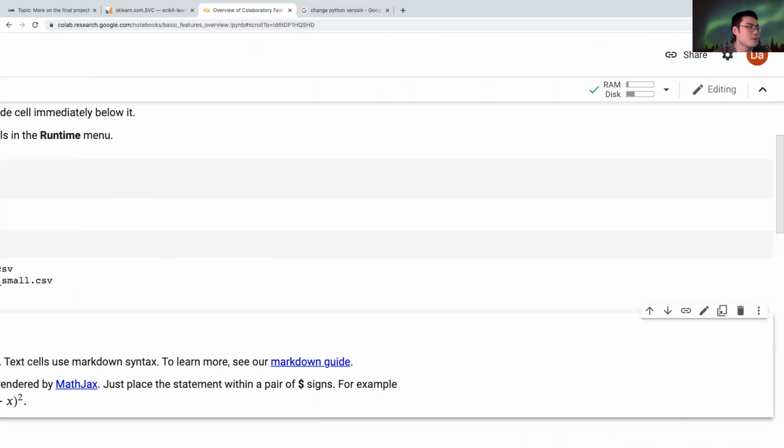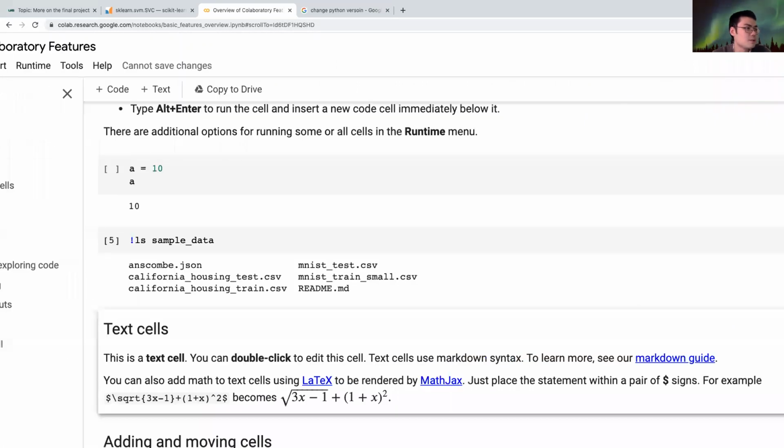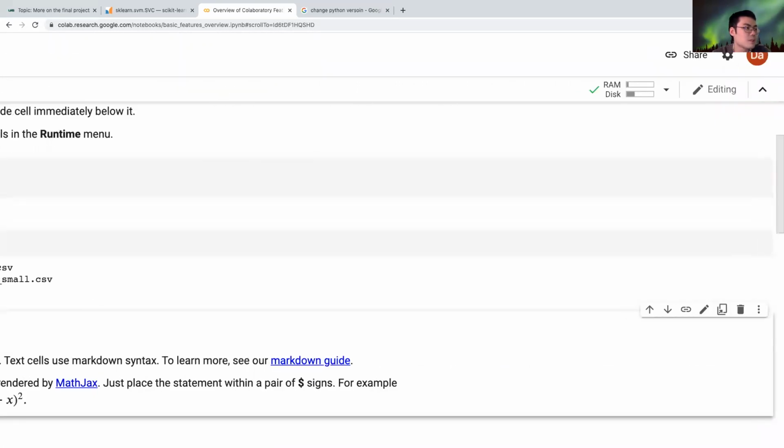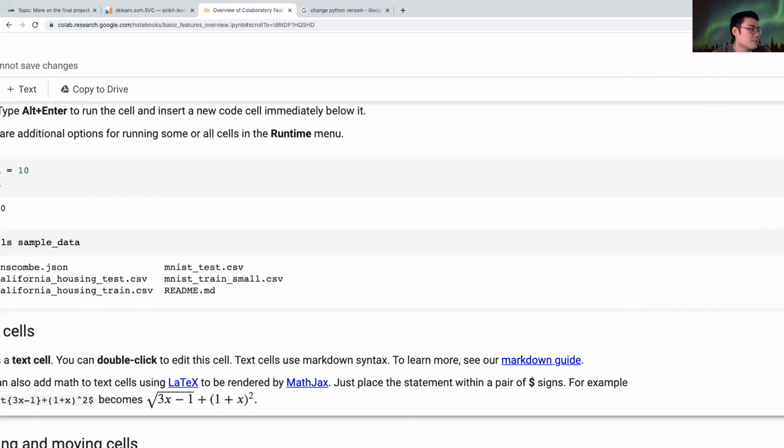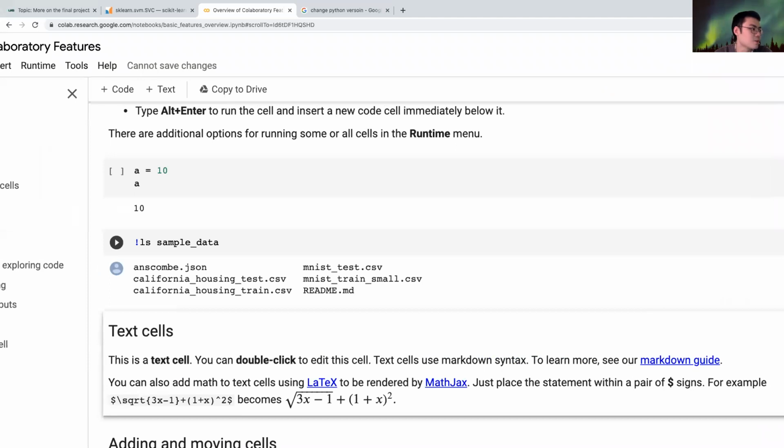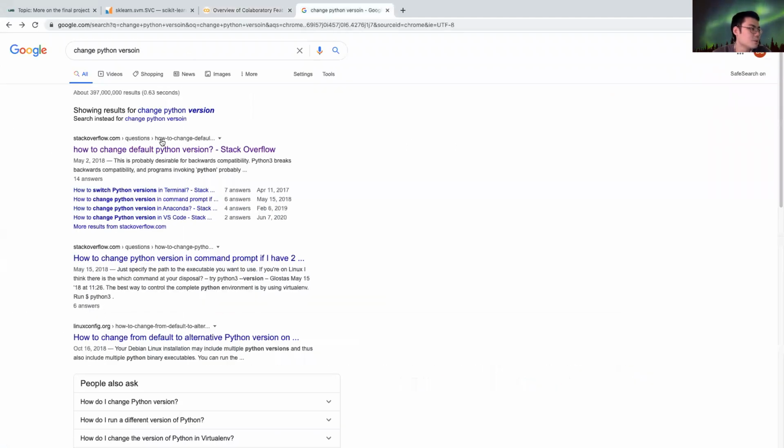The reason you are using that Python version, you see the RAM and the disk, right? The reason is simply because it's a library installed on that Linux machine using this Python. You can run a command to downgrade the Python version. Let me see.